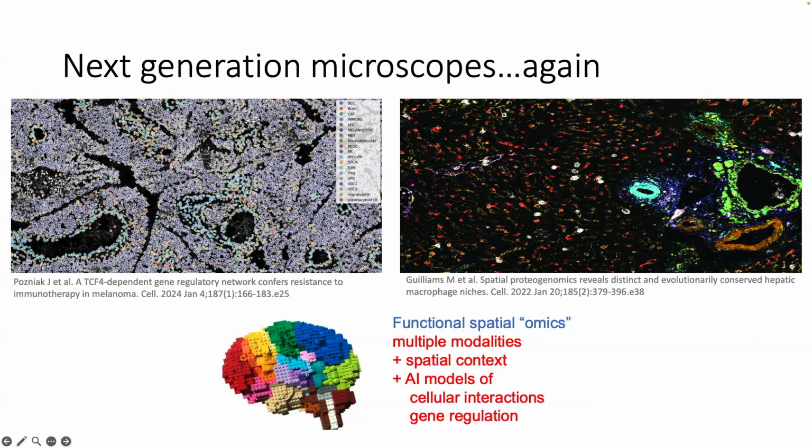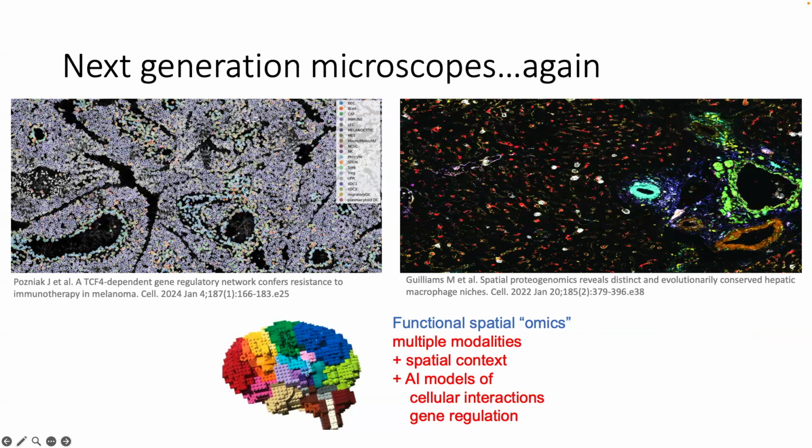So we have what we call now the research direction of functional spatial omics, where we measure different modalities, but we, in addition, want to also model all the interactions of all the components that we measure, all the genes, proteins, and so on, in their spatial context, and also by looking at all the mechanisms that are really determining the cell state and functioning.